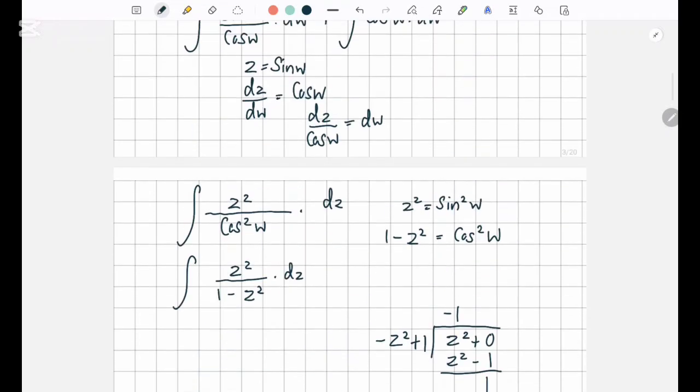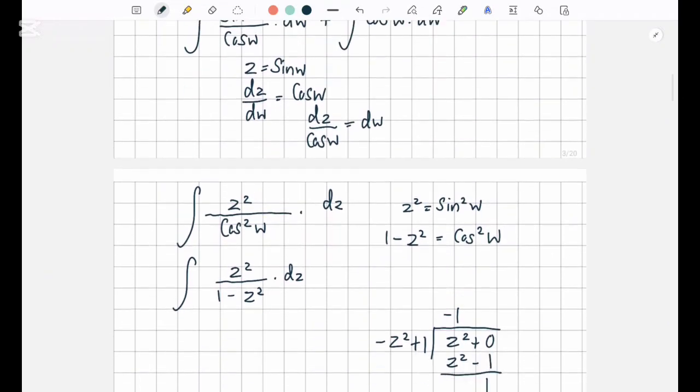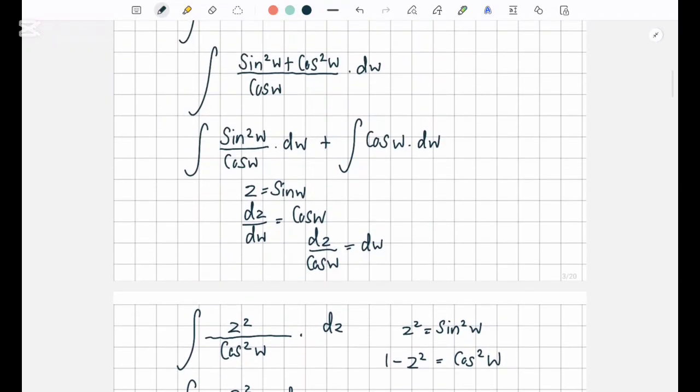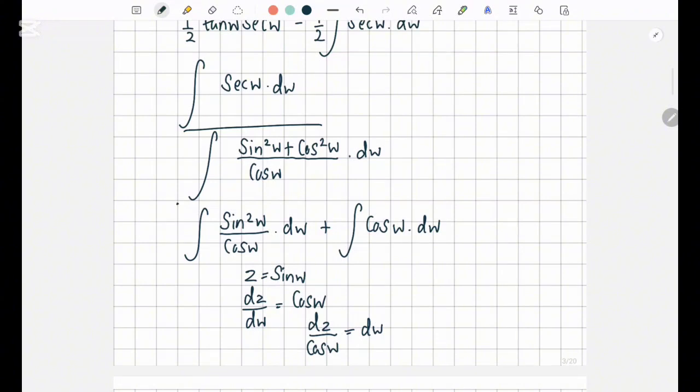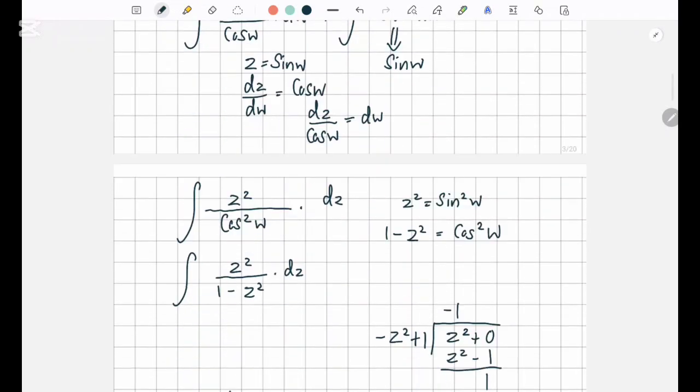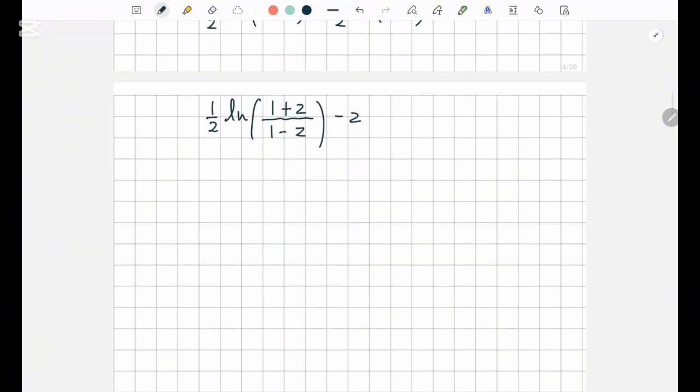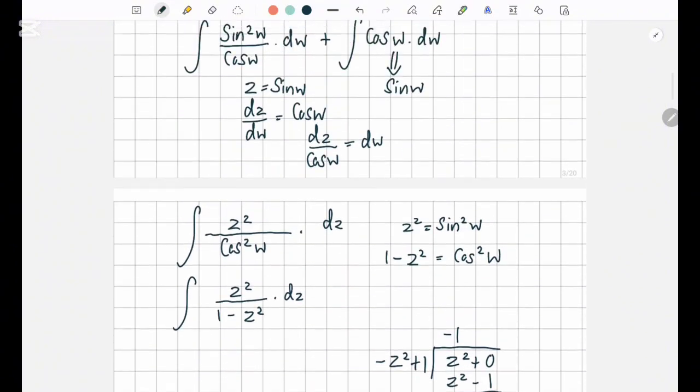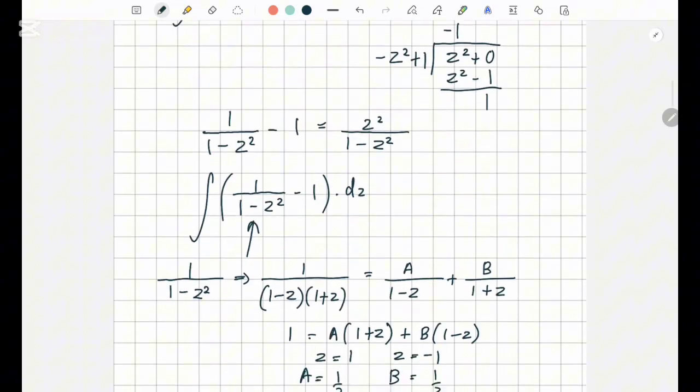You need to remember that we had, now this was our integral, right? Then we broke it down into this, and we also had the integration of cos w. The integration of cos w is sine w. So we need to add sine w over here. The substitution we took was z equals sine w.